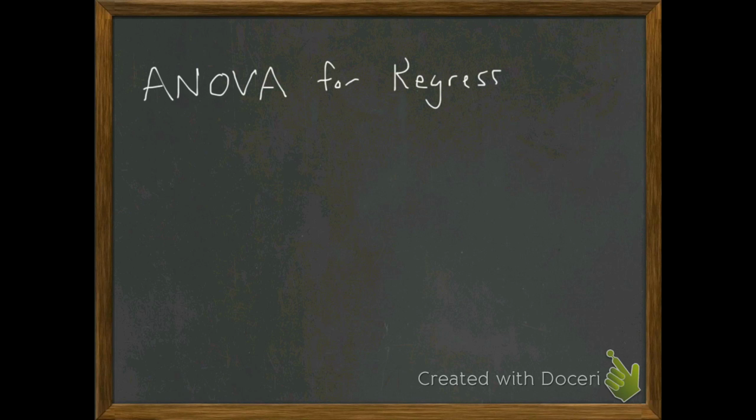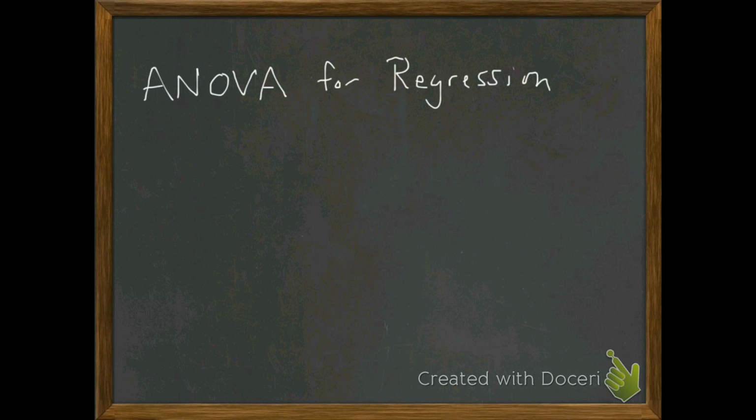So instead of examining the ratio of the variance between and variance within, as we do in an ANOVA, here we're going to be examining other variabilities, other variation, if you will, that are more appropriate topics in regression.